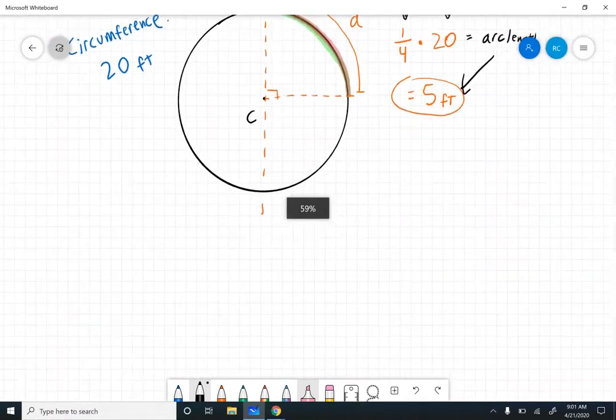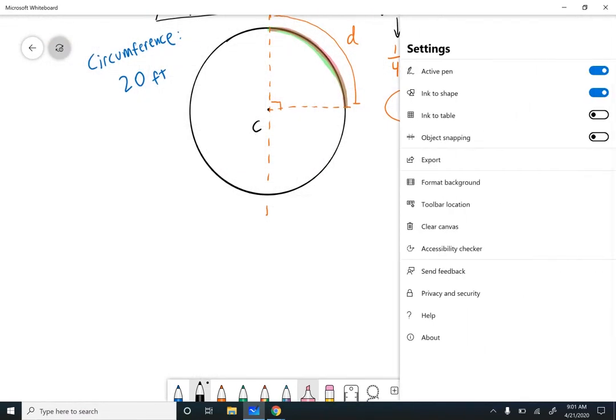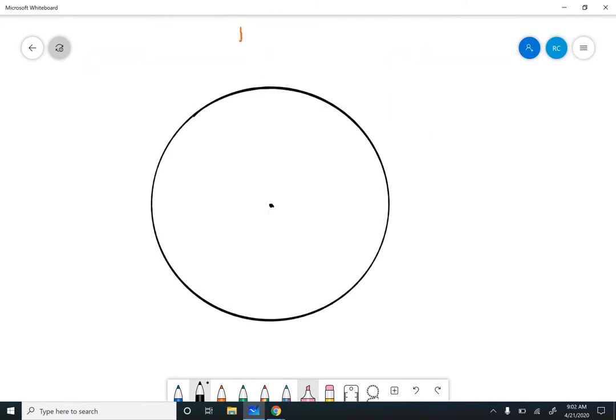Okay, I'm going to draw a different circle so that we can use a different example. So now, let's say we have a circle whose circumference is 10 meters. We're going to go back and forth between feet and meters.